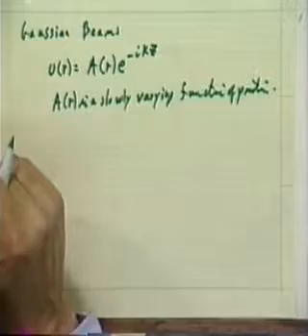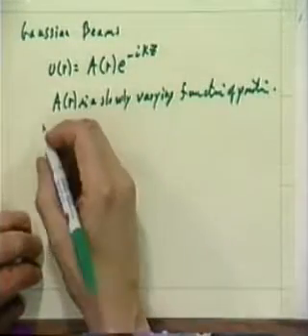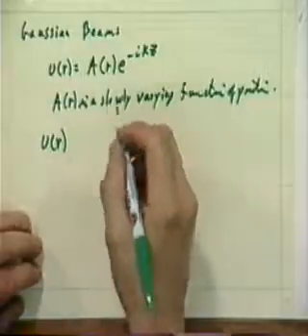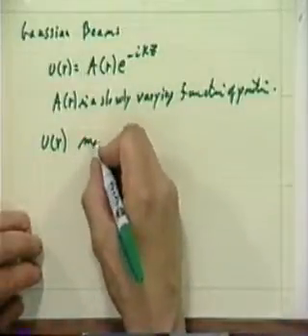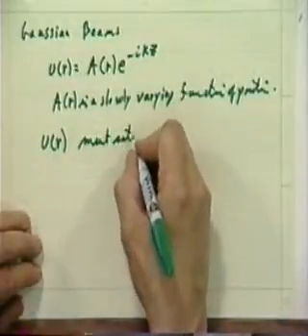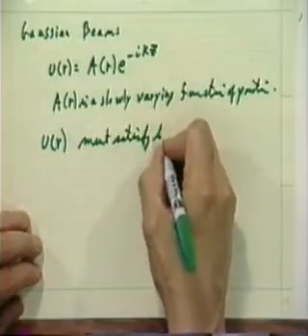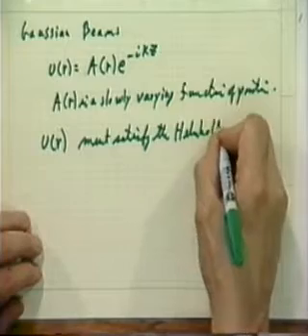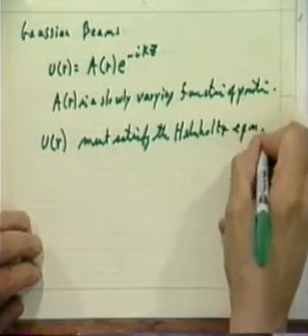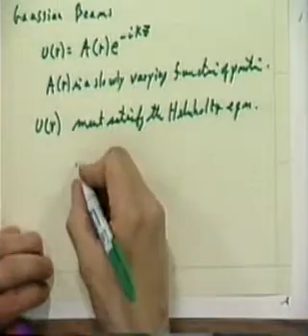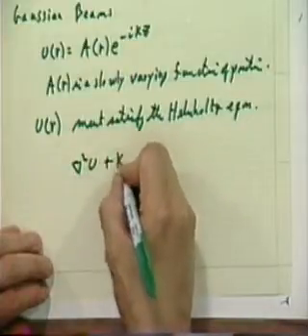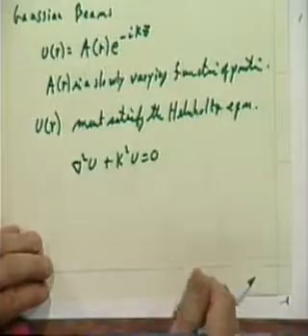Okay. And then we went on to say that U of R here must satisfy the Helmholtz equation. And so we had that del squared U plus k squared U is equal to 0.